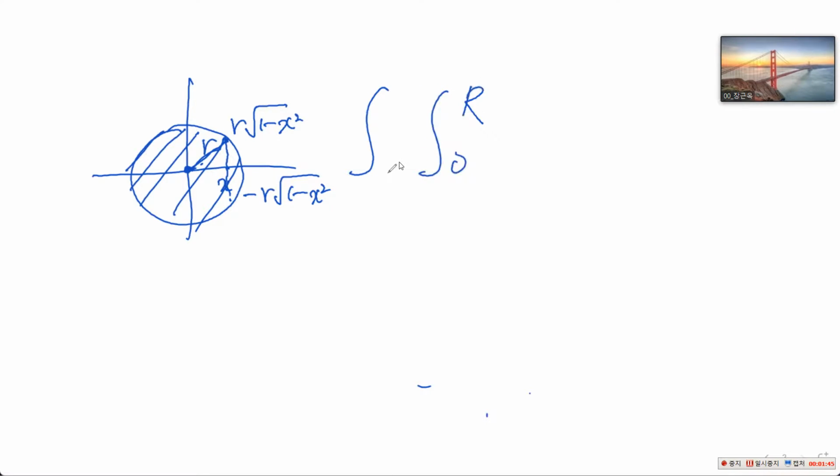We can calculate the area of the circle. That is possible. However, the problem is it is a little bit tedious.